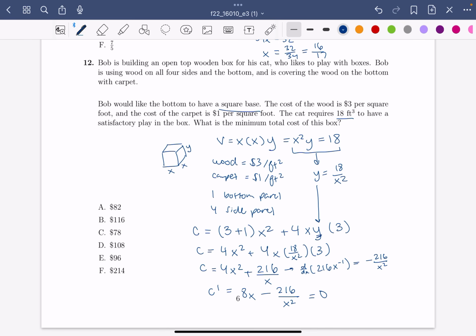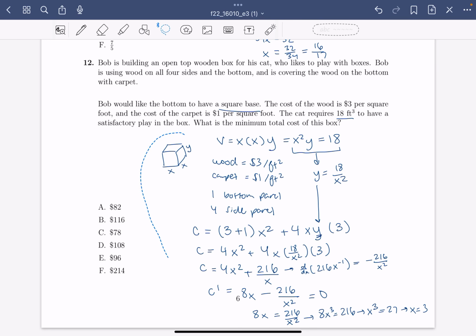Let's solve for x. So we get that 8x equals 216 over x squared, which means that 8x cubed equals 216, which means that x cubed equals 27, and then that means that x equals 3.